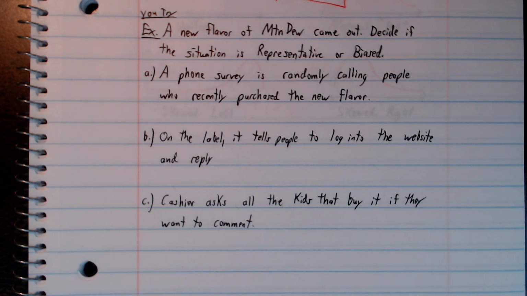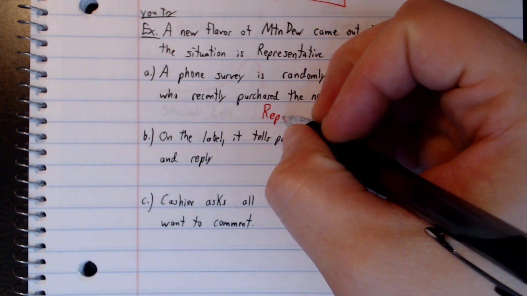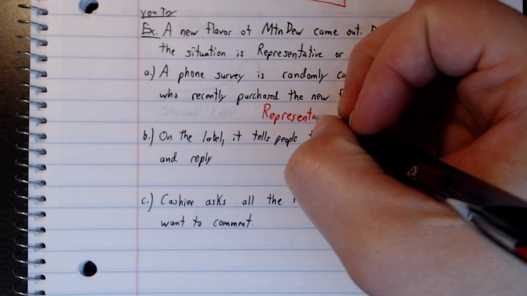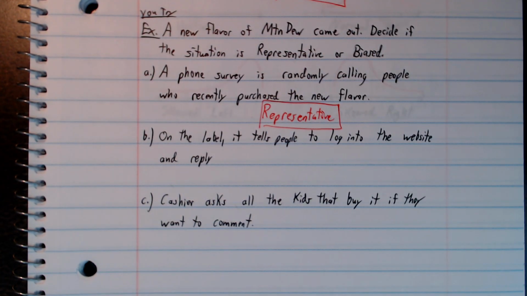Phone surveys randomly calling people who recently purchased the new flavor. Randomly calling people who recently purchased it, that's probably representative, because we don't know anything about these people, except that they bought it. On the label, it tells people to log into the website and reply.